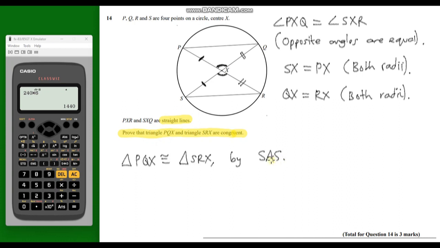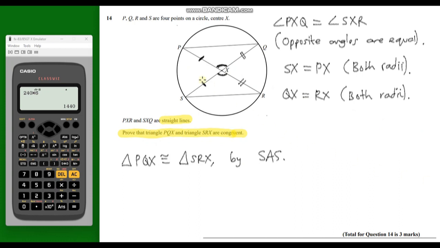So you don't need to write side, angle, side. I've just put SAS for short. So you give your three statements, your three reasons, and just a concluding statement to show that those two triangles are congruent. And obviously this isn't the only way of answering this question.